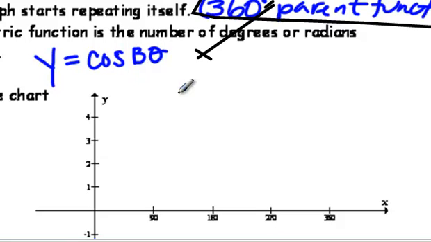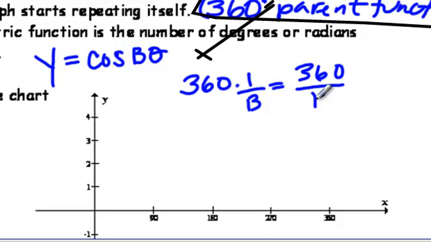Remember, it's on the inside. Remember, back in Unit 1, if you don't remember, you might want to look, but we always multiply by 1 over b. Okay? So that's how we find out what our period is. Which you'll see written more like that. These two things that I just wrote are the same.